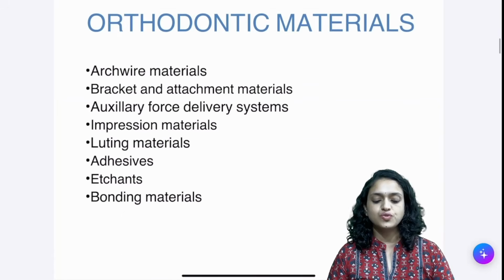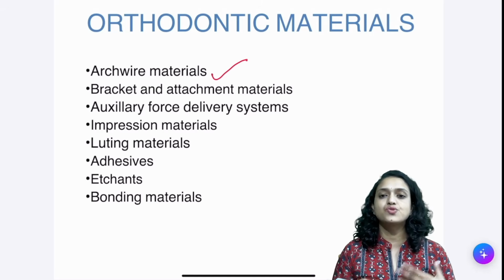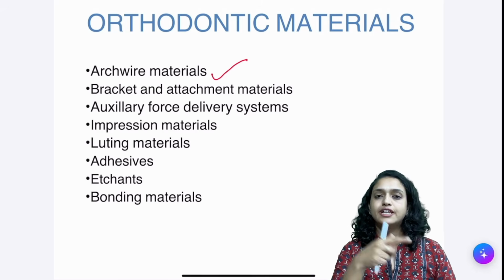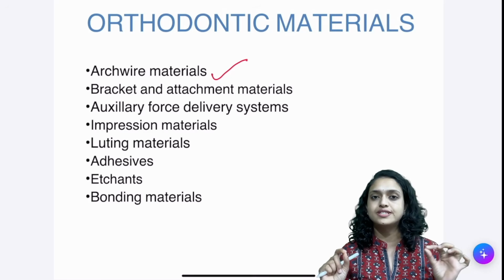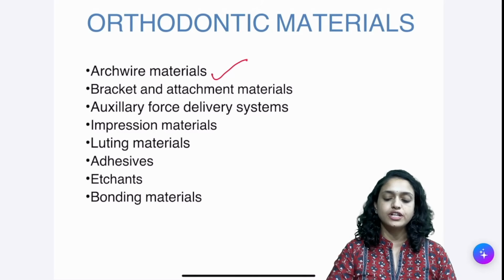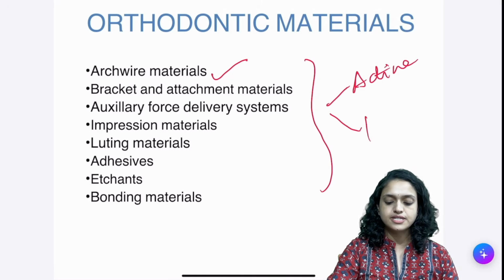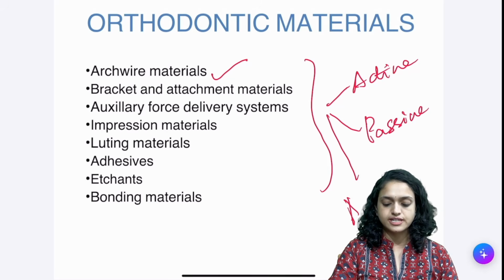Coming to the materials that are used, first is the arch wire. Arch wires are the wires that you place that produce the active tooth movement. Brackets are passive orthodontic materials. Basically, you can classify materials as active components, passive components, and auxiliaries.